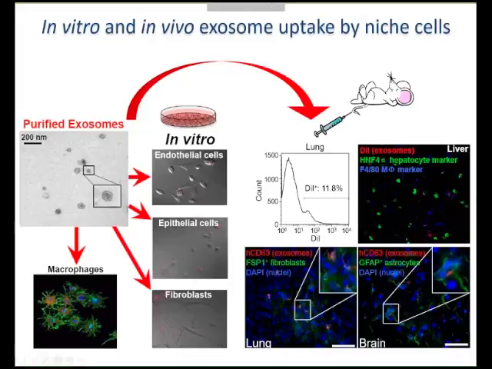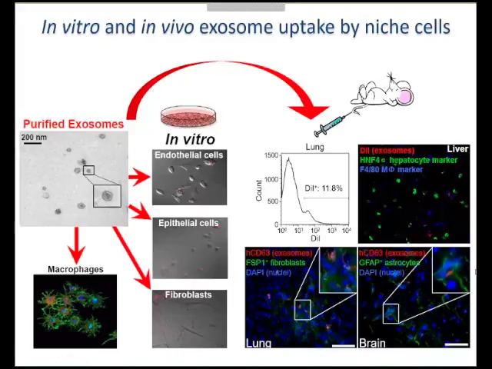In other tissues like lung and brain, we saw uptake by the major cell types in these individual organs. For example, exosomal markers can be detected in lung fibroblasts labeled with this FSP1 marker, and in the brain, we can detect exosome uptake in both astrocytes and neurons, although in this picture I'm only showing the astrocytes.